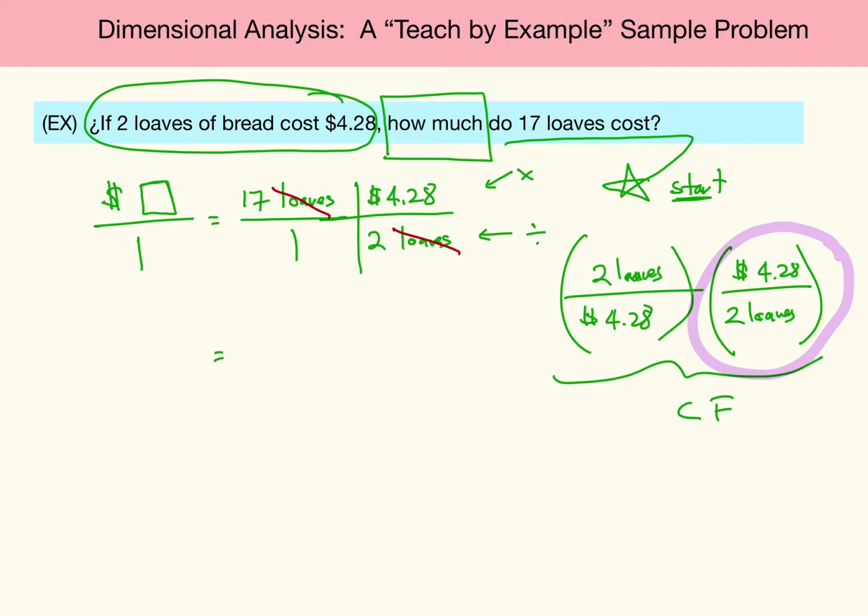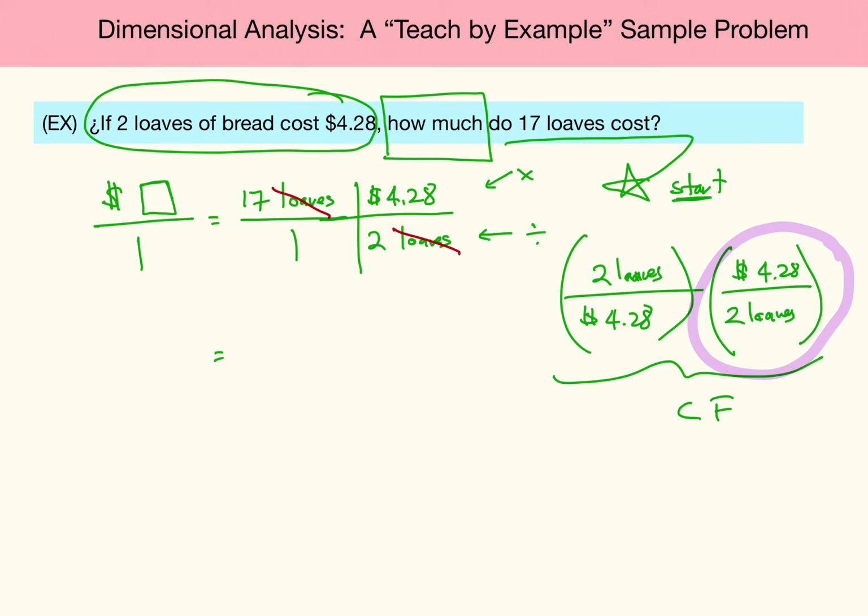Or if you start with 17 and divide by 2 and then multiply by 4.28. Multiplication and division are commutative. It doesn't matter what order you do them in. Just so long as you remember, if the number is in the numerator, precede it with a multiply sign, and if it's in the denominator, precede it by a divide by sign.